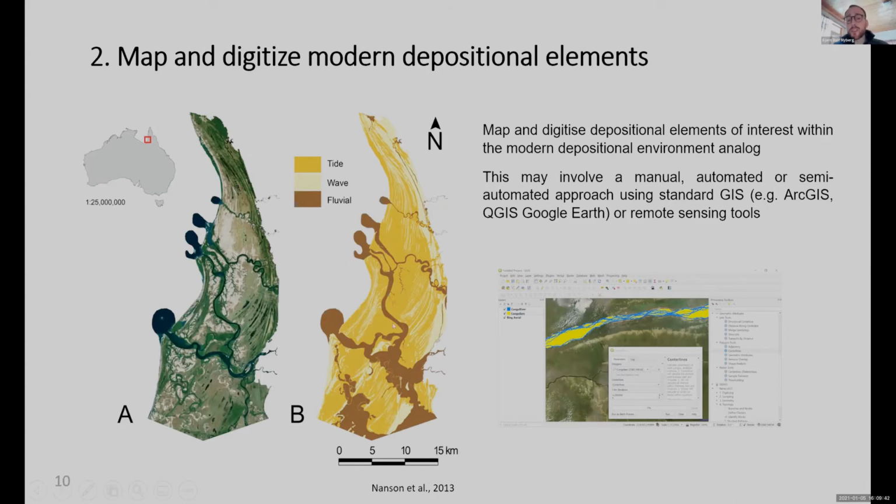What they have done here is gone into the field, ground controlled where these different depositional environments are, and then used satellite imagery to help constrain these sand body elements that we find in here. And this mapping can involve a manual, automated, or semi-automated approach using standard GIS software.